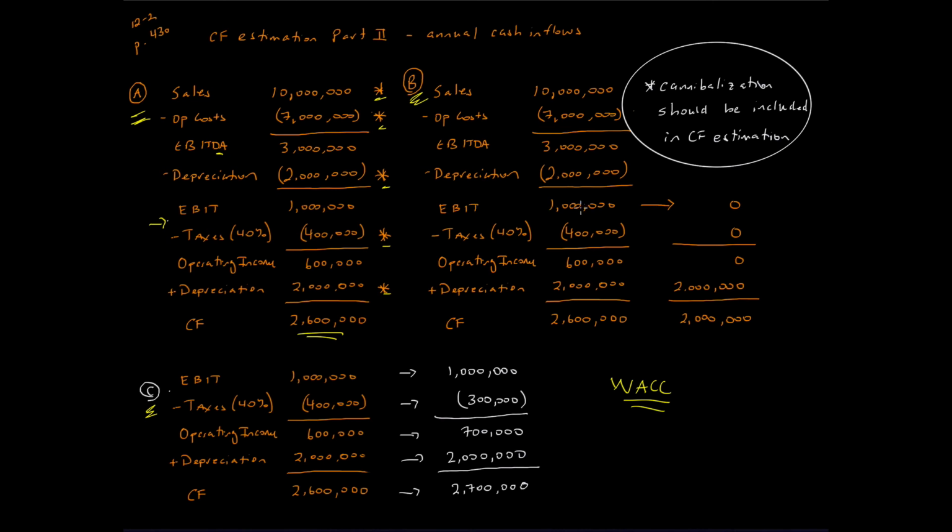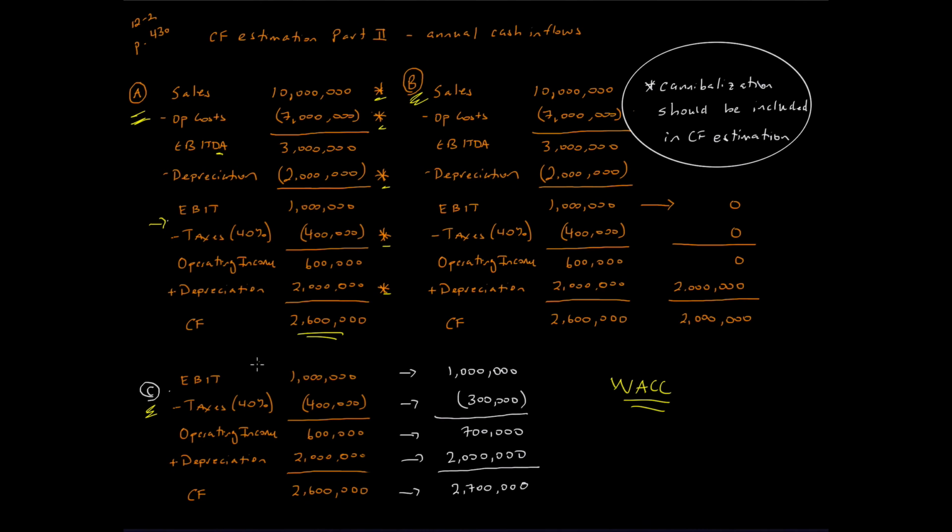EBIT, instead of $1 million, according to the information, we're going to lose $1 million to cannibalization. So I'm going to make that 0. If EBIT is 0, then taxes have to be 0. EBIT minus taxes gets me operating income, 0. Then I add back depreciation of $2 million, and cash flow, once I take into account cannibalization effects, is $2 million.